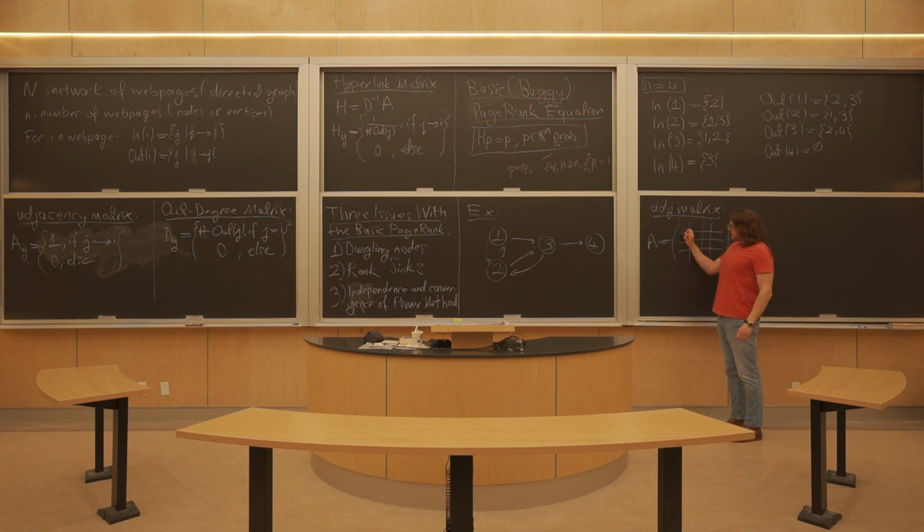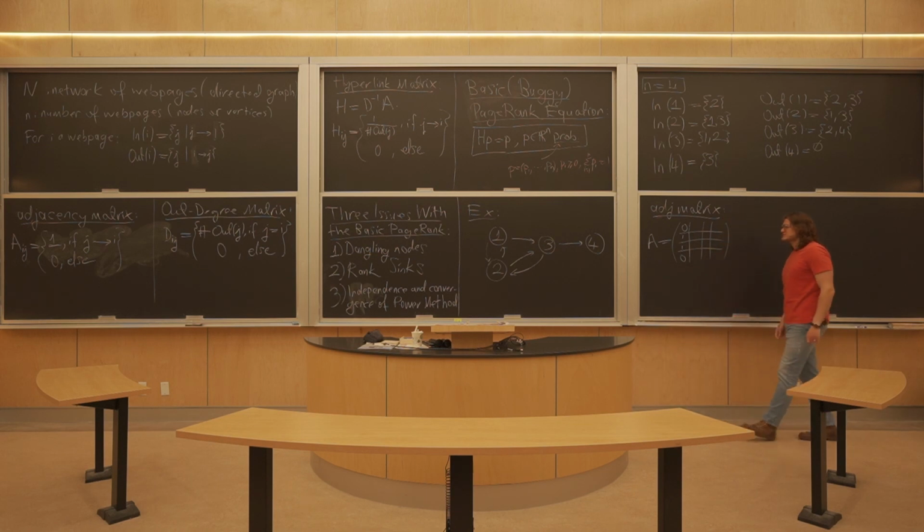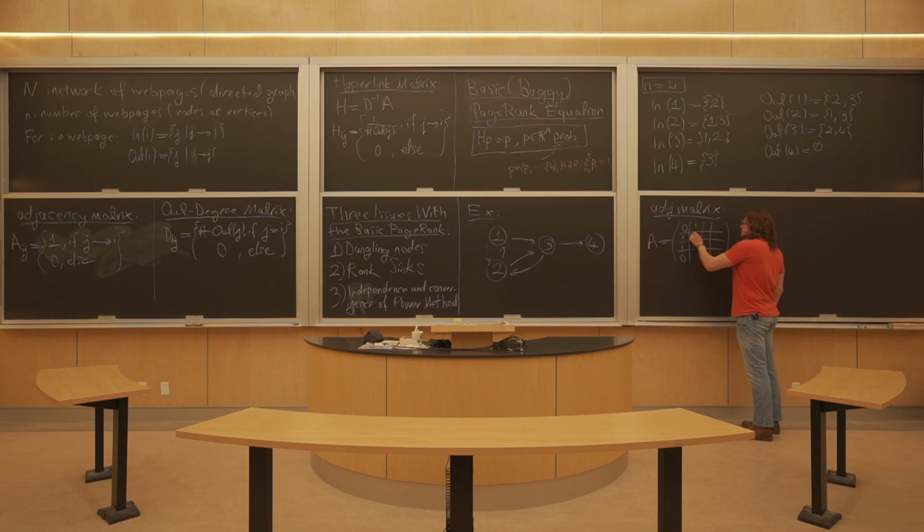I'm looking at the first web page now. The first web page has a link to 2 and 3. So that's 1, this is 0, this is 0. The second web page has a link to 1 and 3. The third web page has a link to 4. The fourth web page doesn't have any links.